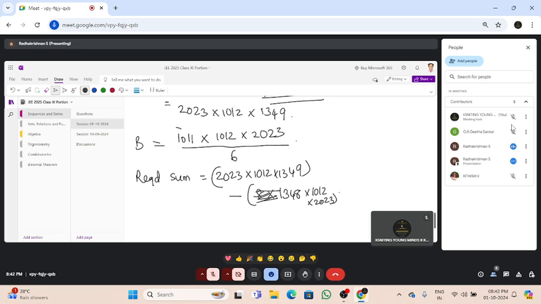So here now we can take some common terms, right? You see that 1012 is common, 2023 is common. So it simplifies actually. Okay.